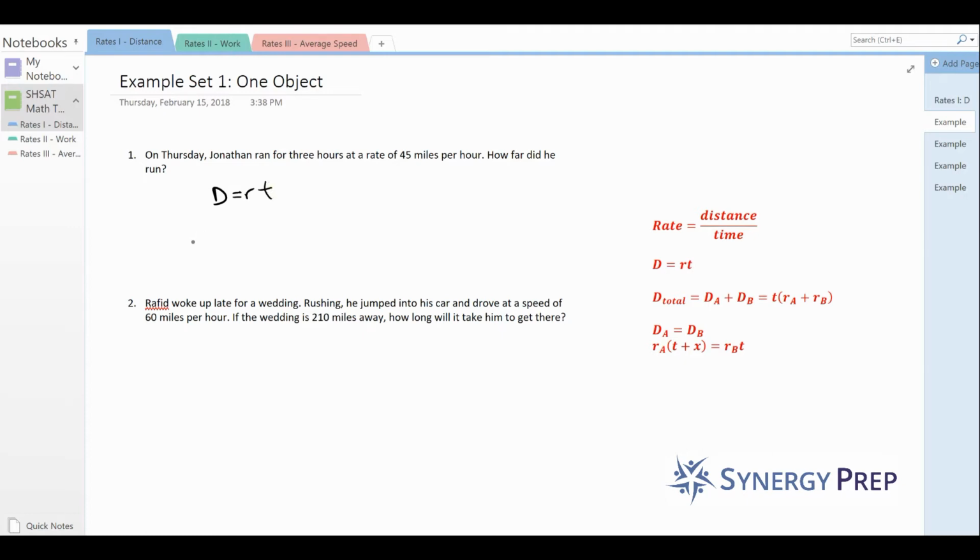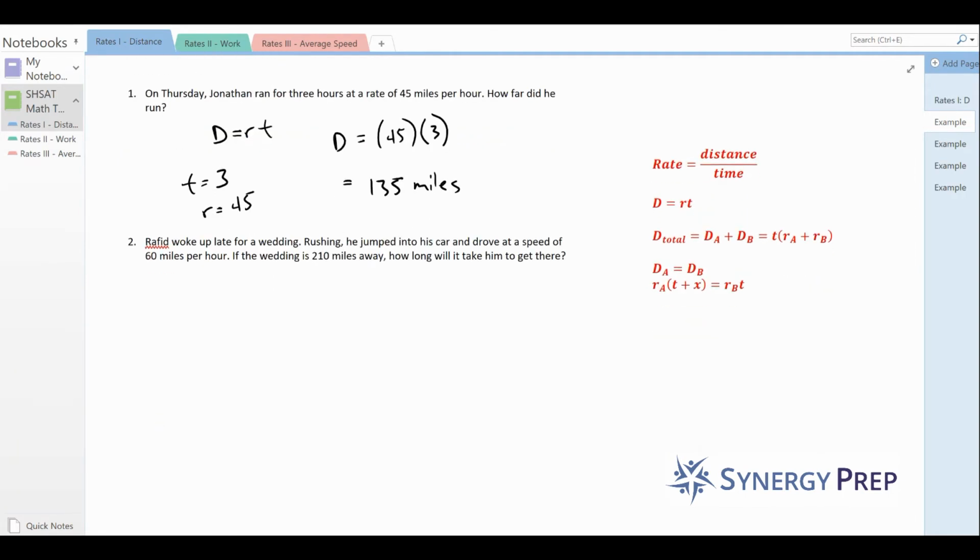We're provided the amount of time, which is 3 hours, and we're given the rate, which is 45 miles per hour. Plug it in. D is equal to 45 times 3, and we get a total distance of 135 miles. That's it.